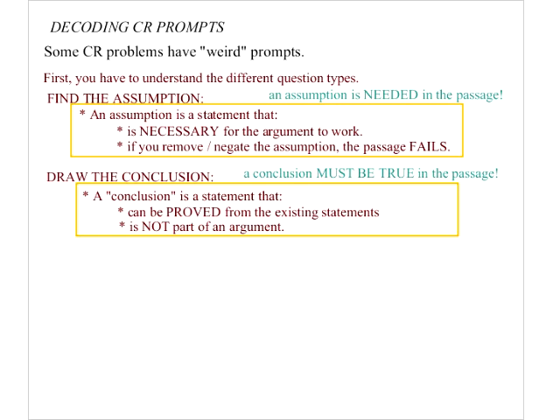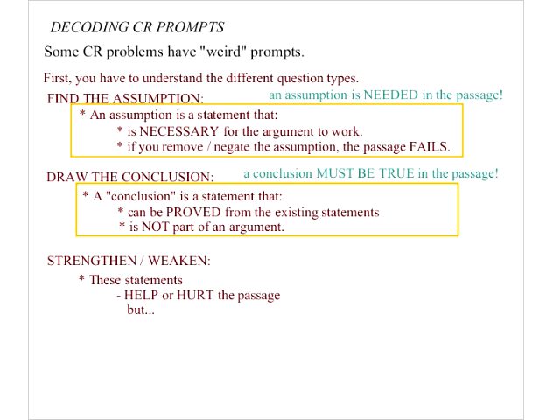The other kinds of questions are strengthen and weaken. These statements either help or hurt the passage, but they are treated as true ahead of time, if they're statements.